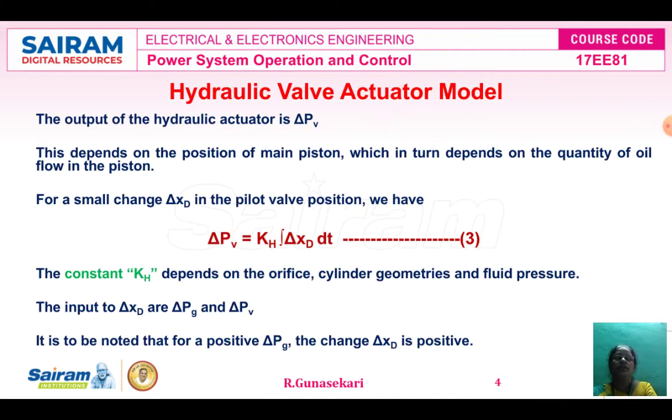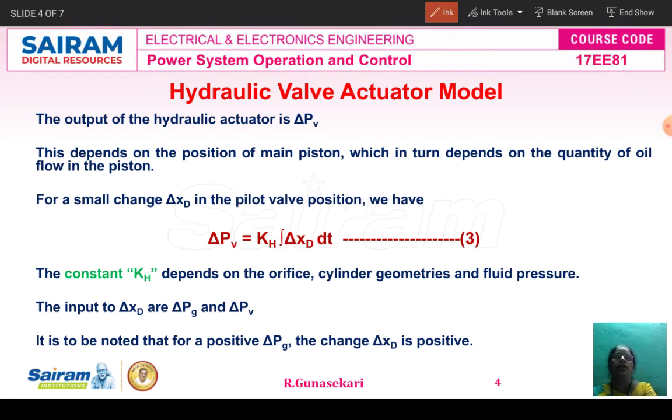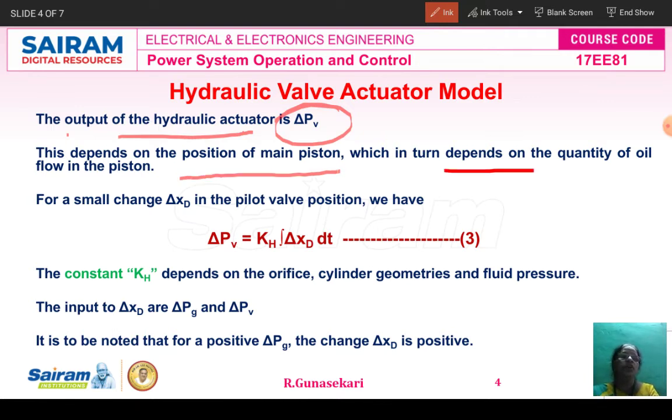Then the hydraulic valve actuator. In the hydraulic valve actuator, the output is del PV, because V stands for valve, valve power, and del is the change. The del PV depends on the position of the main piston movement and on the quantity of oil flow in the piston.